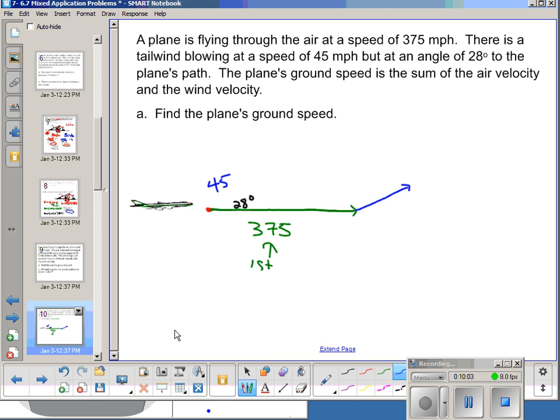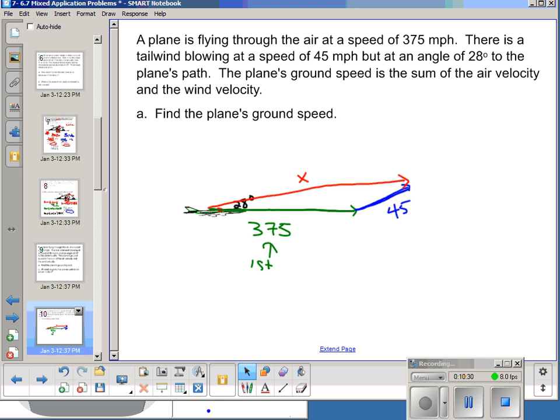So I want to combine those two motions into one motion, and that motion more or less is that. Now that's not the best picture, but you get the idea. So I know that this 45 goes right there. And the key to this, because what I want now is the magnitude of that vector, because that will tell me how many miles per hour the plane is actually moving.